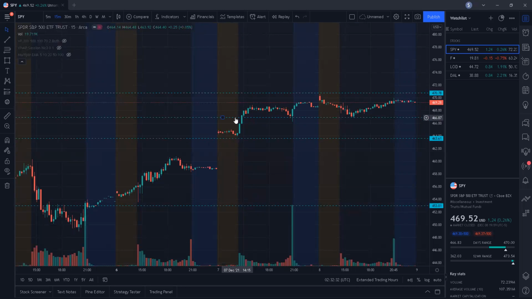Say my trading plan: if price breaks above this, buy in, set my stops below support, and have a set price target in mind as to when I want to trim or take profit.